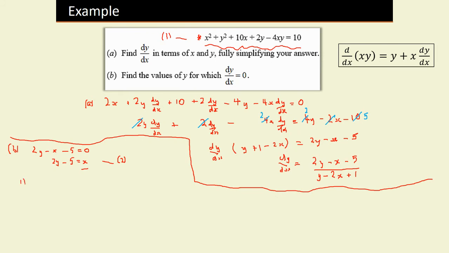So equation 1 is going to tell me that x squared, so that's (2y minus 5) squared. Remember, because we're substituting for x. Plus y squared, that's all okay. Plus 10x, 10 lots of (2y minus 5).